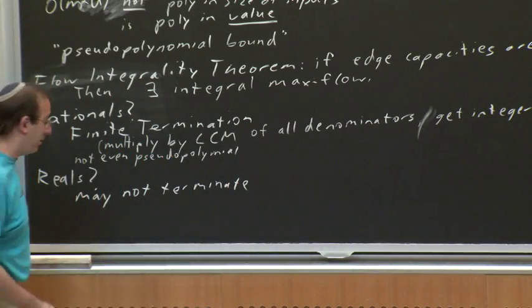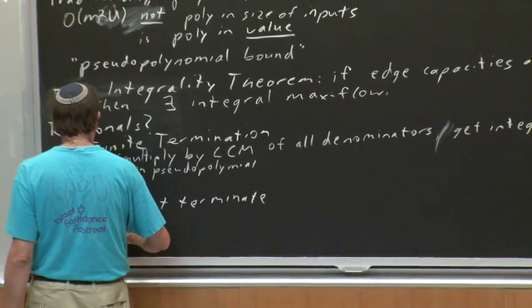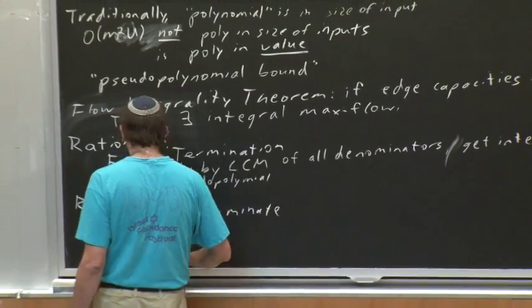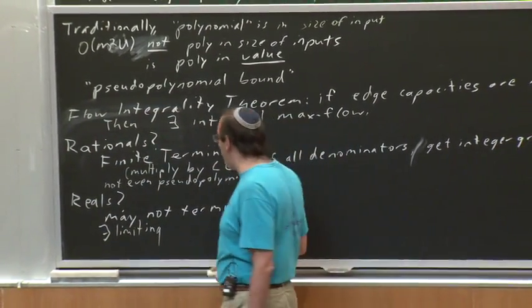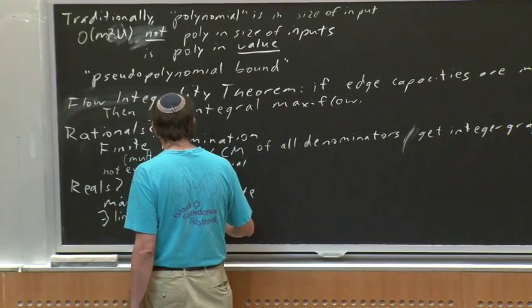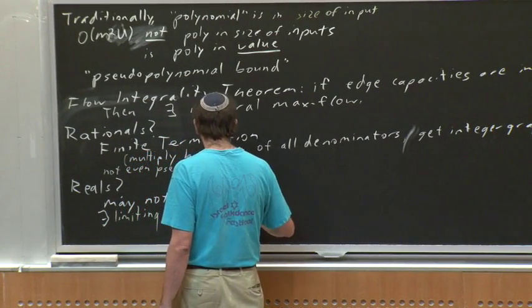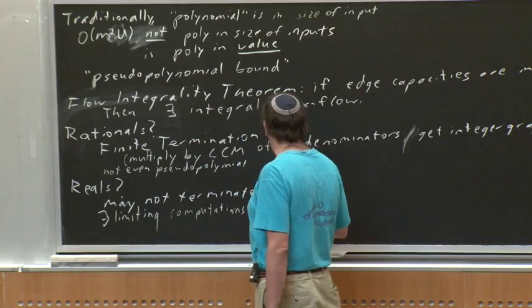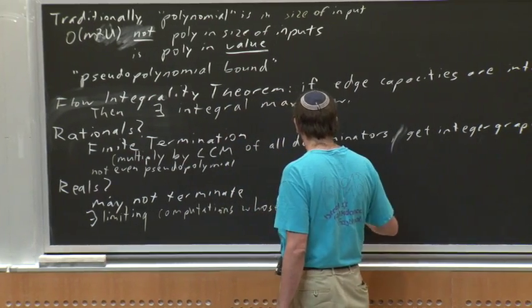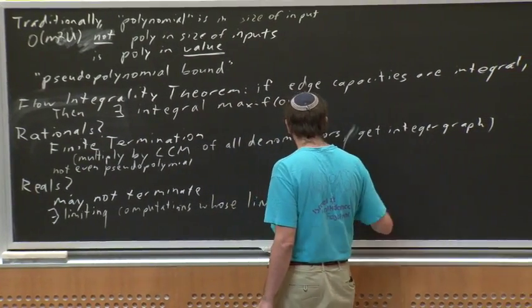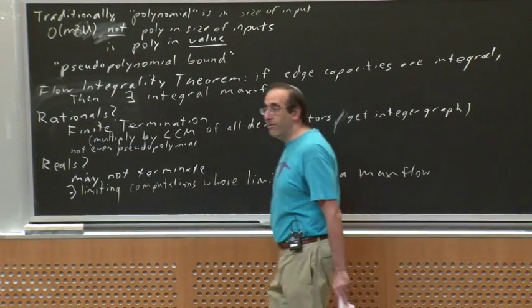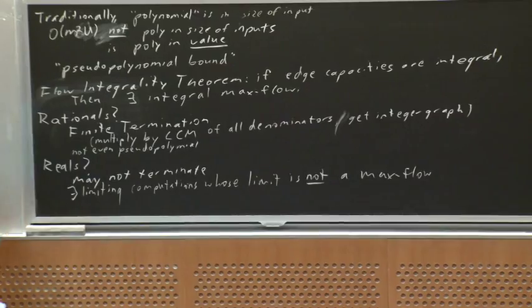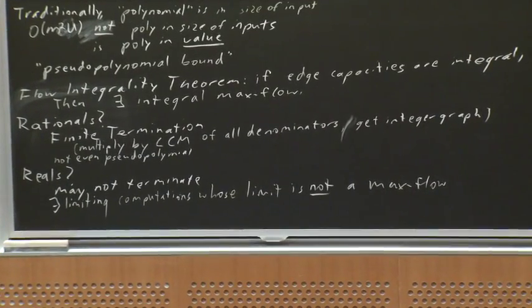Even worse, there exist limiting computations, right? You do these saturating augmentations. So in every step, you find an augmenting path and you saturate it. But the limit is not a max flow. So you converge to something suboptimal. Okay?